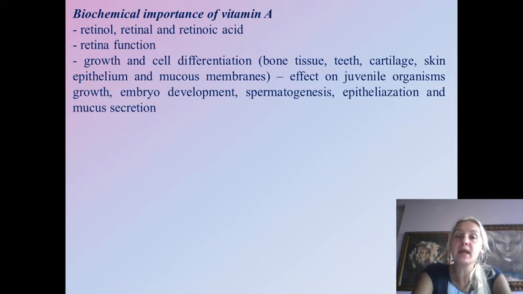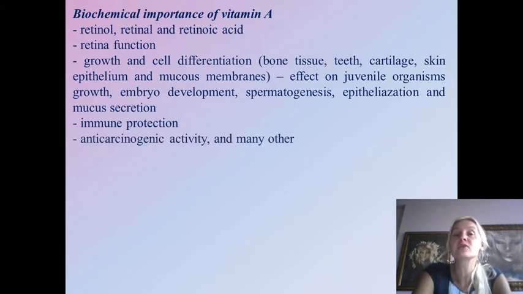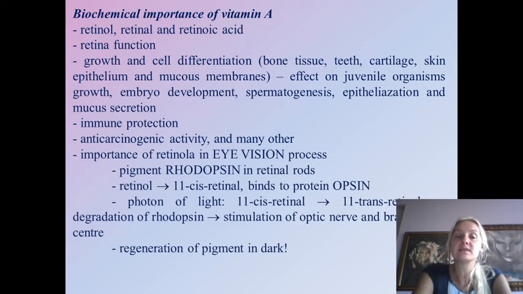Also, vitamin A is actively involved in the maintenance of the proper immune response. And also certain papers and research results suggest that vitamin A might exhibit certain anti-carcinogenic activity and many others. I'm going to illustrate just one important function regarding vitamin A, and that is the eye vision process and involvement of retinol in the eye vision process.